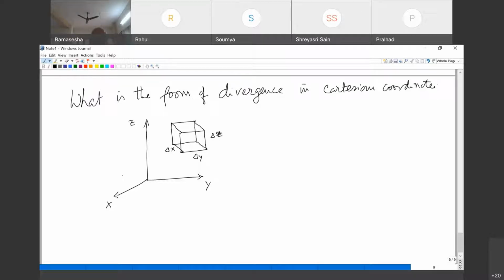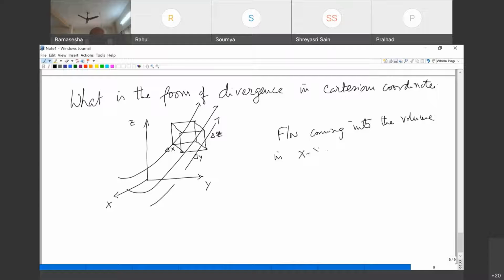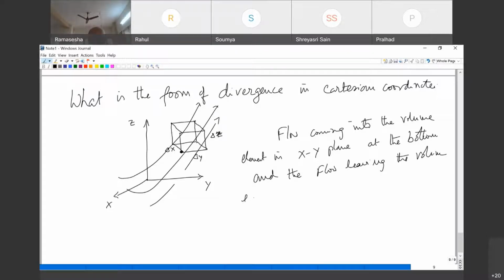I'm trying to find out how much of the flow is taking place: the flow coming into the volume through the xy plane at the bottom, and the flow leaving the volume element from the top plane.